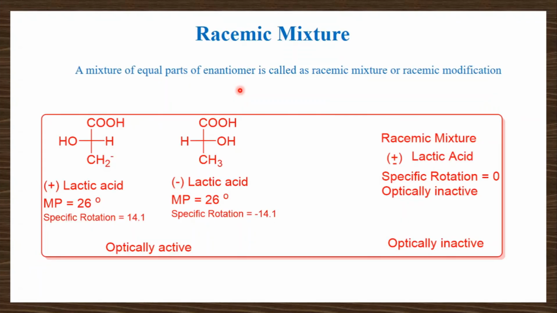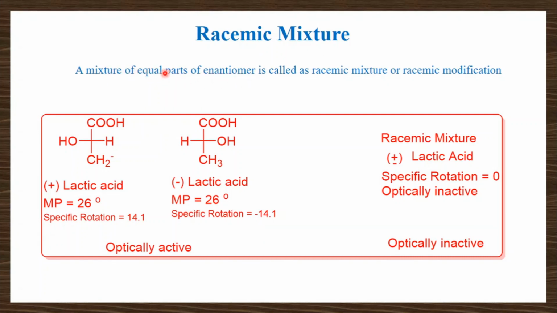In this slide I will teach you a new point, that is racemic mixture. Now what is meant by racemic mixture? It is also called a racemic modification. The definition of a racemic mixture is a mixture of equal parts of enantiomers.